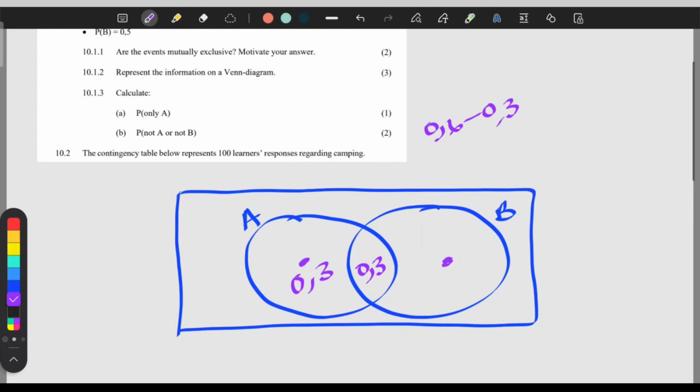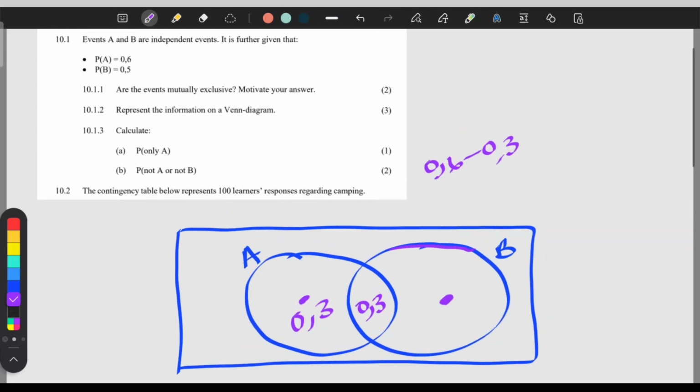Then this part over here, you can work out by saying this whole circle is P of B. So P of B is 0,5. So 0,5 minus this part, because it's still part of B, take it out and I get 0,2.